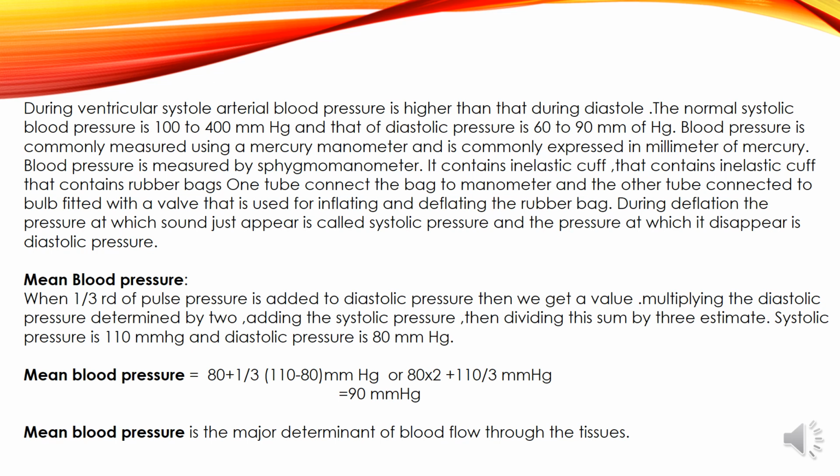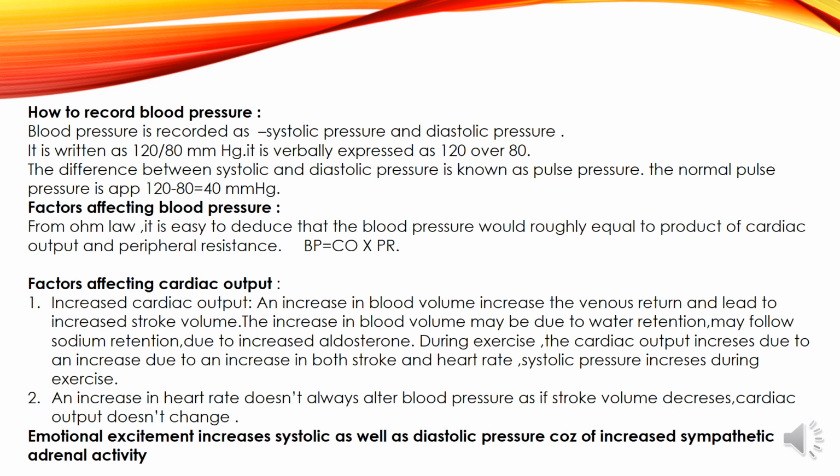Mean blood pressure = 80 + 1/3 (110 - 80) mmHg, or (80 x 2 + 110)/3 mmHg, which is equal to 90 mmHg. Mean blood pressure is a major determinant of blood flow through the tissue.